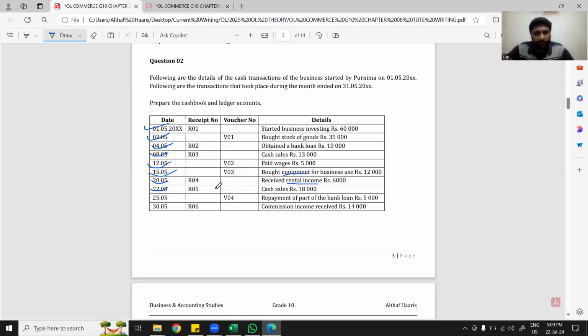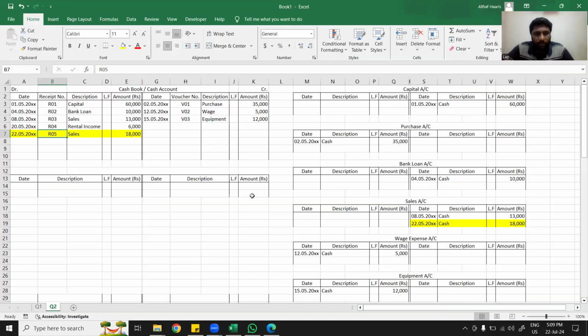And the next one. Paid the bank loan 5,000. Bank loan we also opened. Money is going out, 5,000. Your bank loan liability is decreasing by 5,000. Here you can write cash. Here you can write bank loan. Now switch the names.